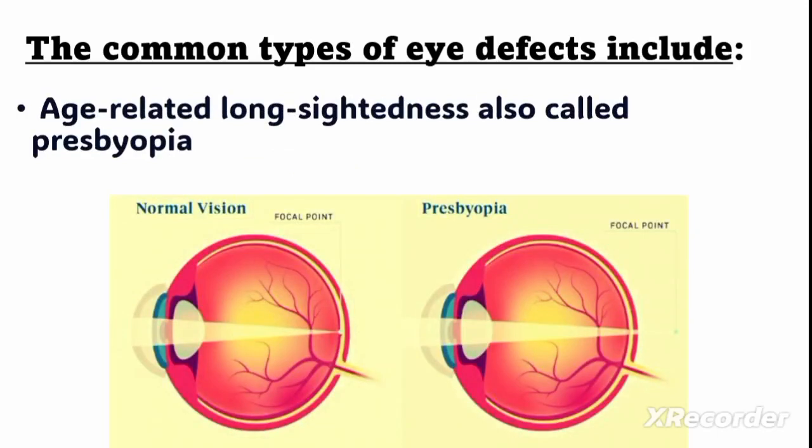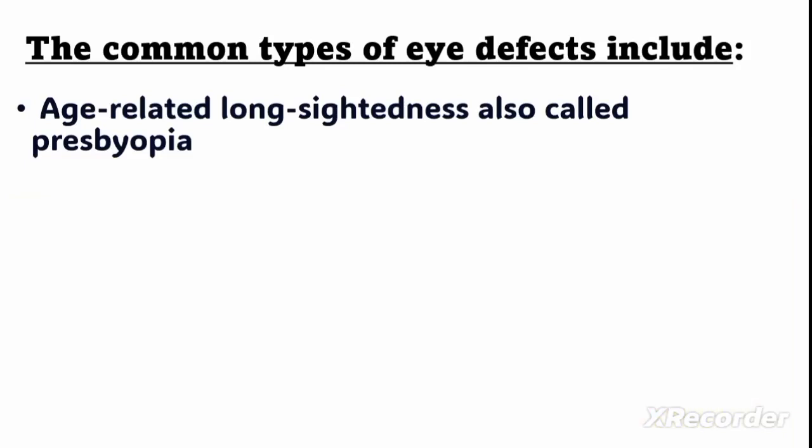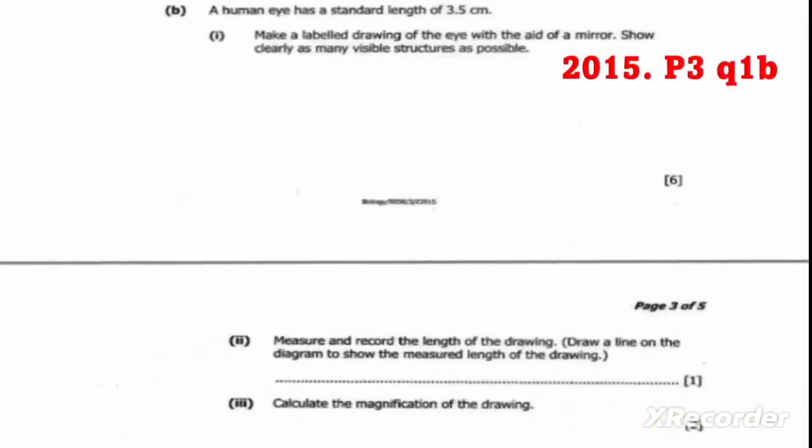Presbyopia is long-sightedness coming as a result of growing old. So as you are growing old, you are subjected to age-related long-sightedness.